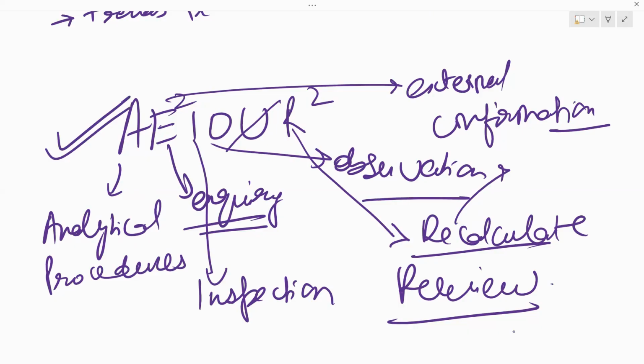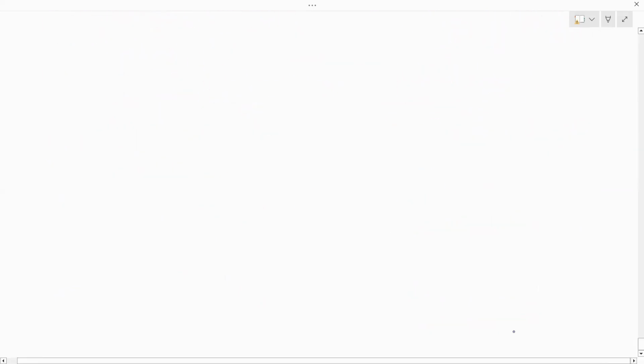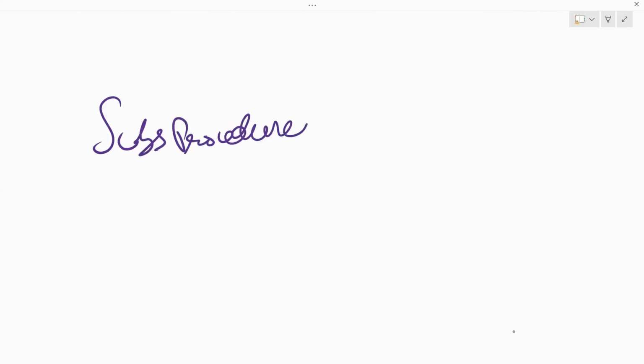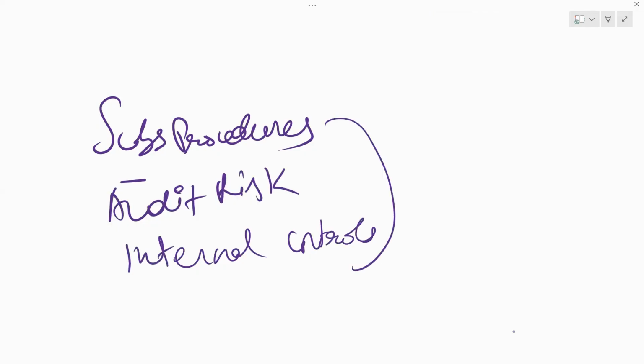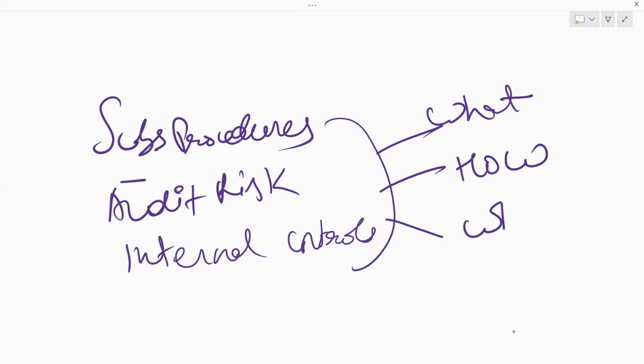Now, before starting with how we actually write the answers and the correct approach, and what the major thing is that students miss while writing substantive procedures, firstly, I want to discuss this: whenever you're writing any substantive procedures, or your audit risks or your internal controls, anything in audit, always keep three questions in your mind: what, how, and why.